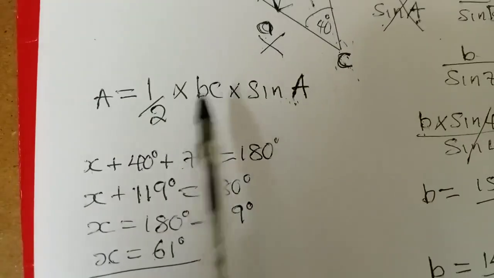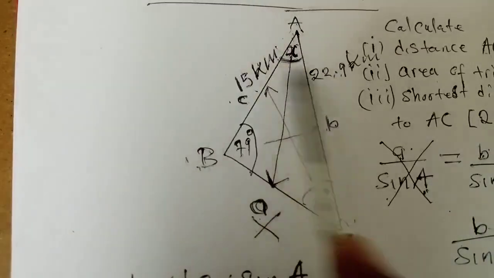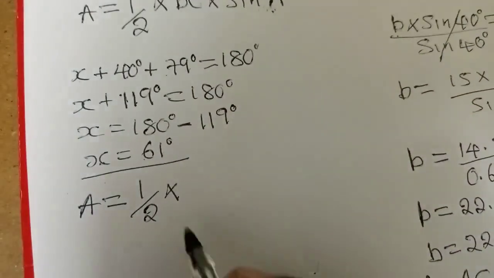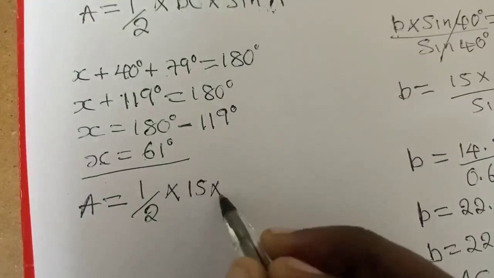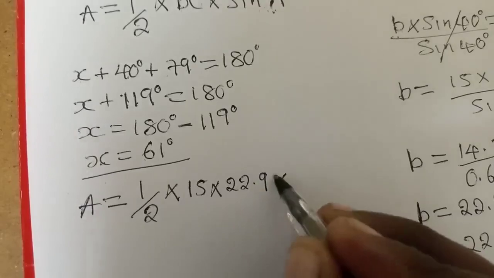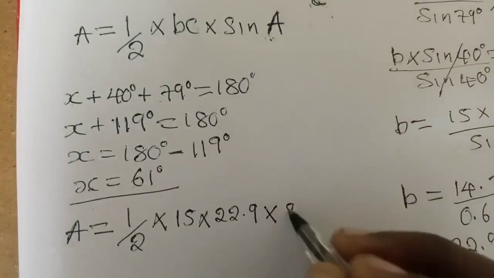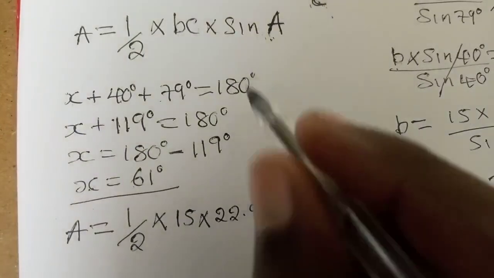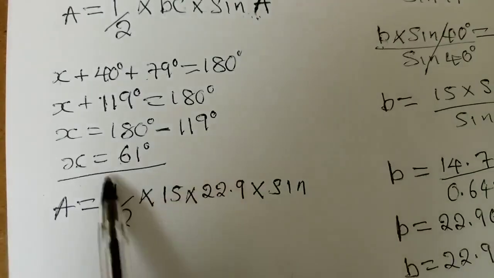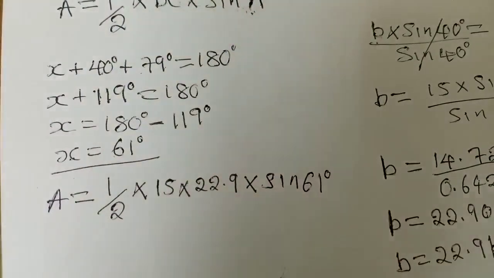It can either be that this one is B or this one is C. You can take either distance between these distances. So we say half times 15 times 22.9 times sine A, and we found that A is 61 degrees. So we put 61 degrees.